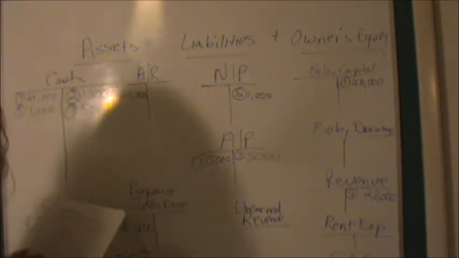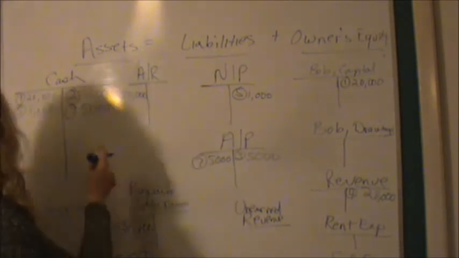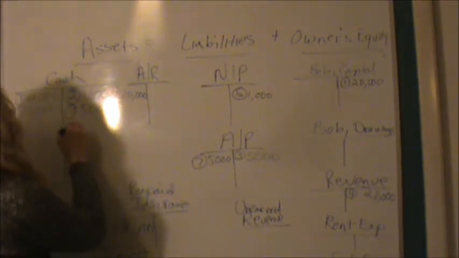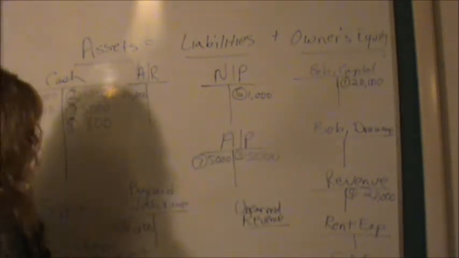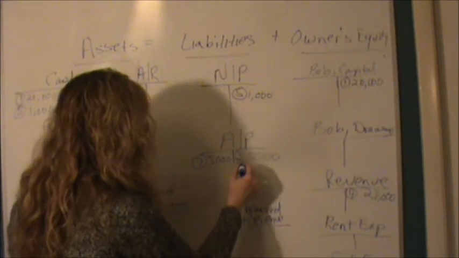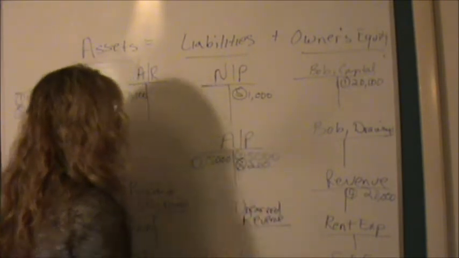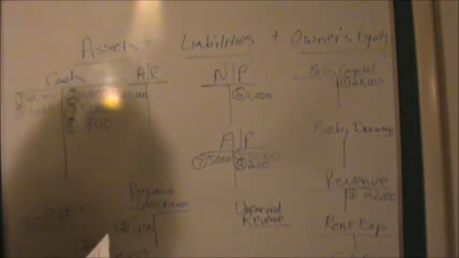And we paid $800 cash, so we're going to credit cash. And the other $200 is on account, so we're going to credit accounts payable, that $200.